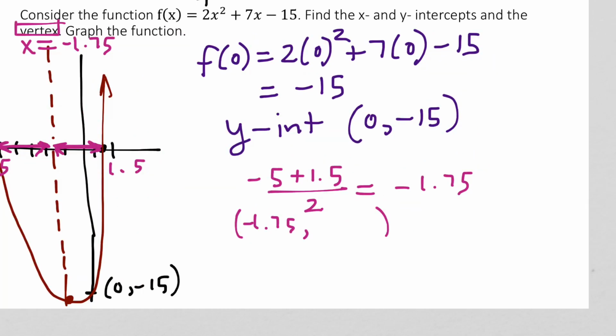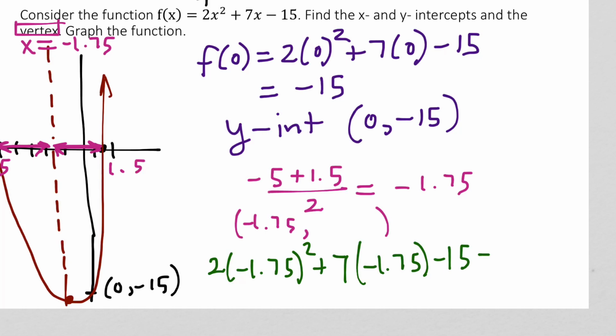So I've got 2 times negative 1.75 squared plus 7 times negative 1.75 minus 15. Let's see, and that is negative 21.125.